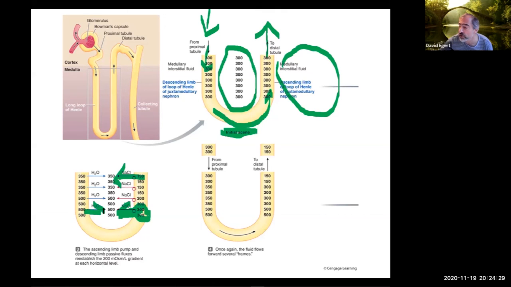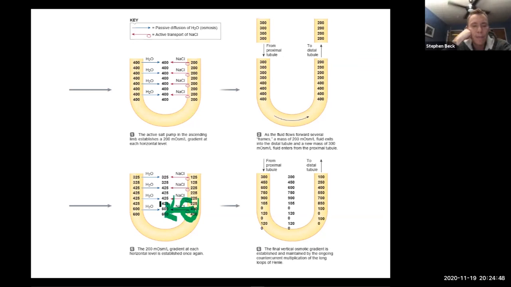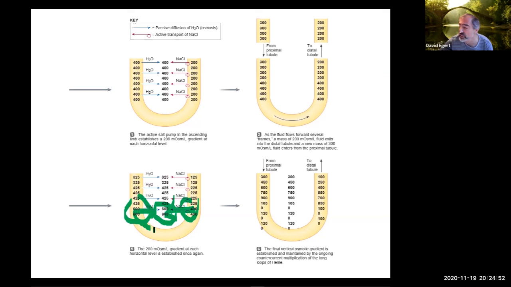And this is now equilibrating, so the descending limb is 500. And it keeps flowing. Now we have 500 starting down here, and as we pump out the sodium, it equilibrates. Now this is 600, and this becomes 600 because of osmosis. And now that 600 flows up into there.